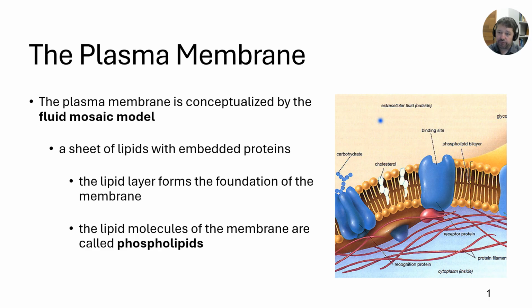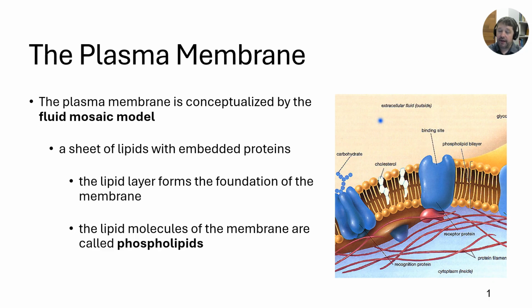So you have these fatty acid tails and these phospholipid heads. I'm sorry, you have the phosphate heads and the fatty acid tails. Together they make a phospholipid. We call it a bilayer because you have one on top and one on the bottom.